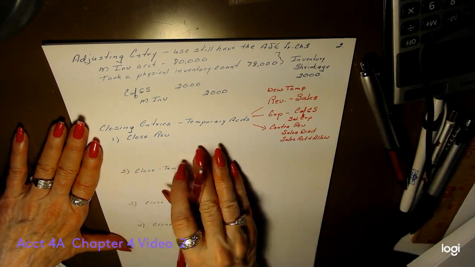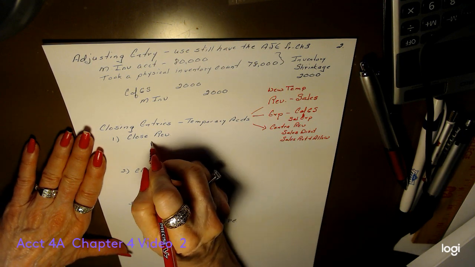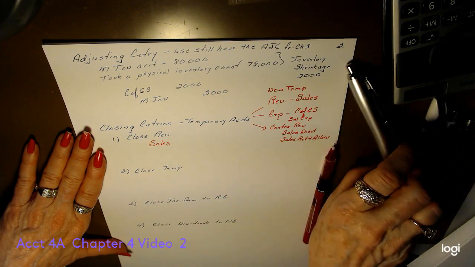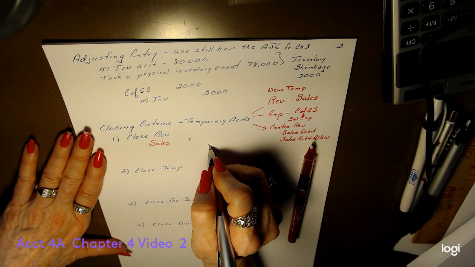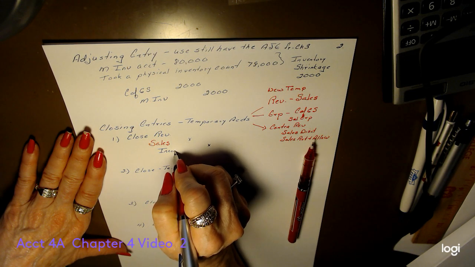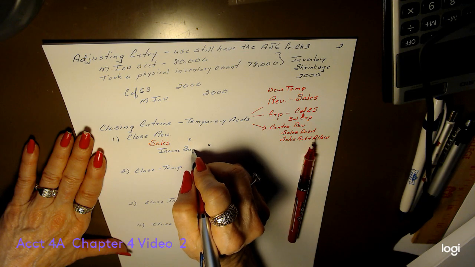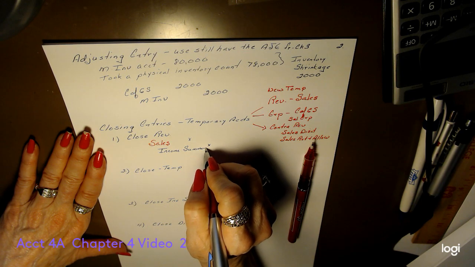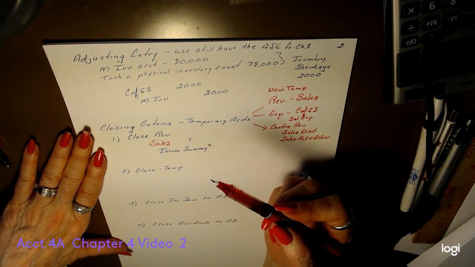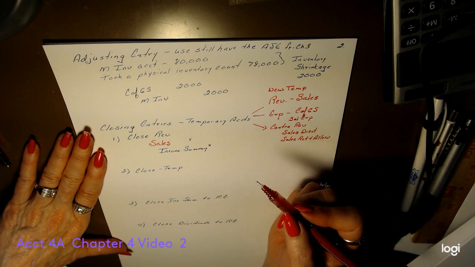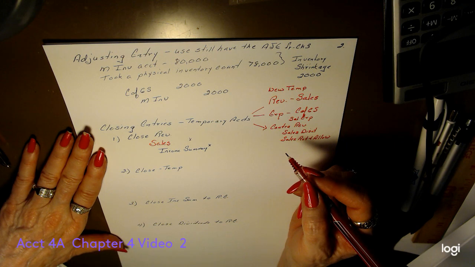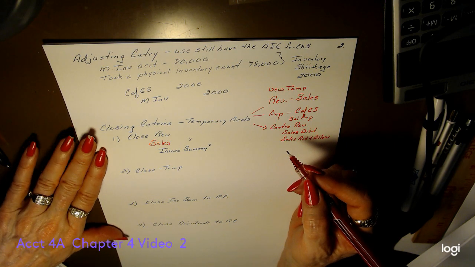So basically, you close the revenue account and we simply debit sales, okay, and we credit our good old income summary account. Okay. And so we have put a zero balance in our sales account, and our income summary account now has a credit balance for the amount of our sales.